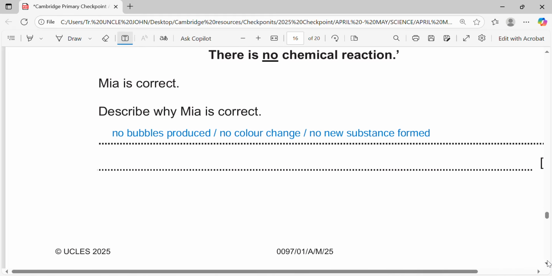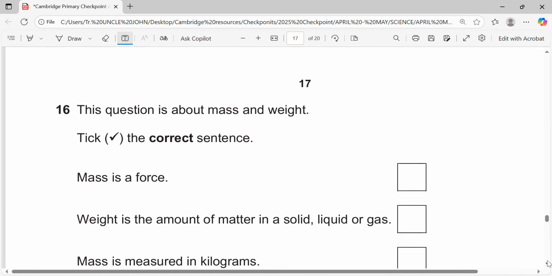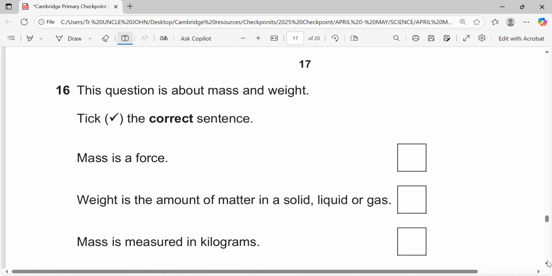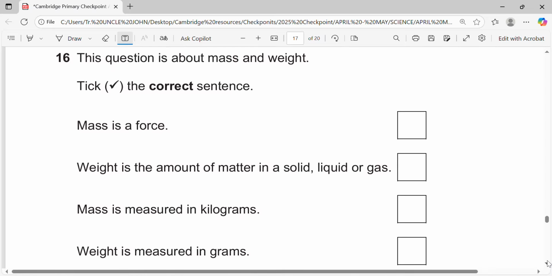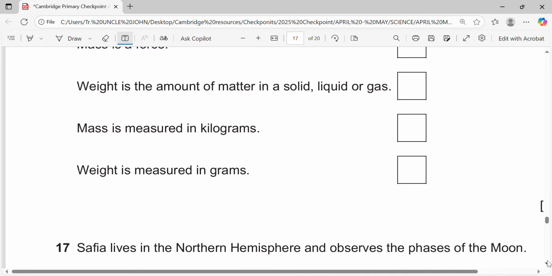Then number 16. These questions are about mass and weight. Tick the correct sentence. Mass is a force. Weight is the amount of matter in a solid, liquid, or gas. Mass is measured in kilograms.